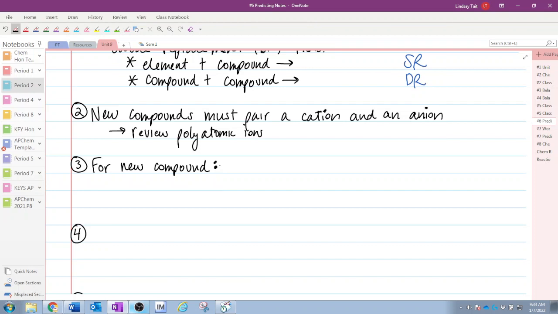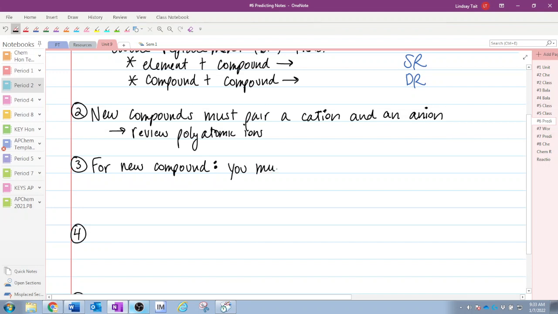How did we write formulas for ionic compounds that had the correct subscripts? Crisscross, right? So once you've decided, hey, I'm putting these 2 things together, you're going to have to look at their charges and crisscross them, right?